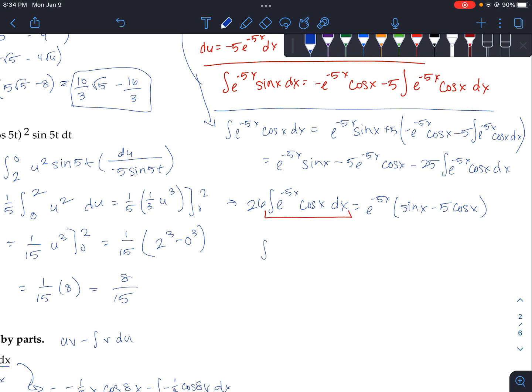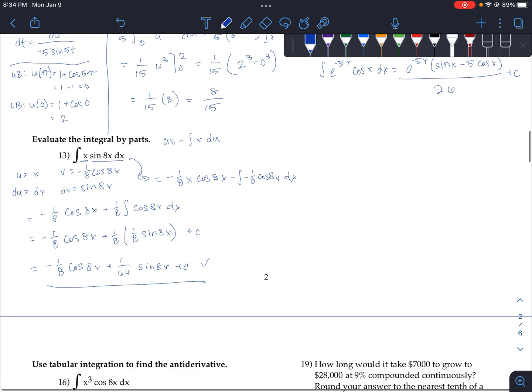So the integral of e to the negative 5x cosine of x dx is equal to e to the negative 5x times sine of x minus 5 cosine of x, all over 26, and there's our answer right here, so long as I put plus c.